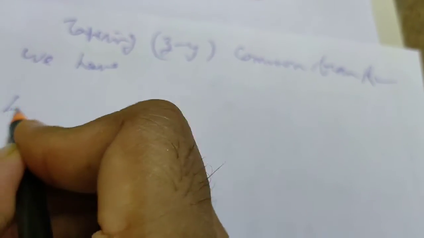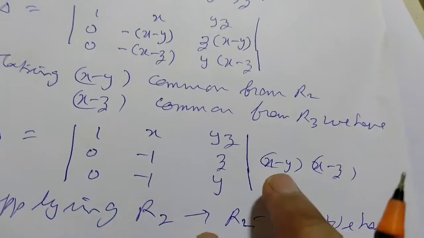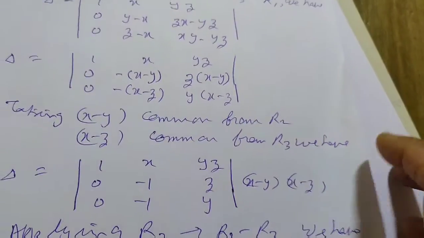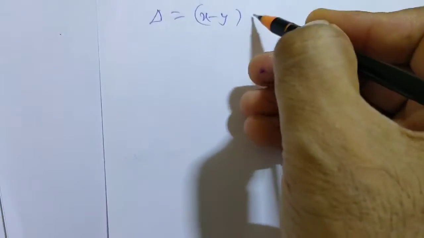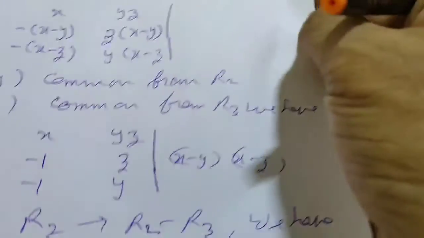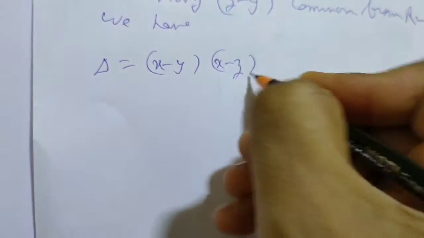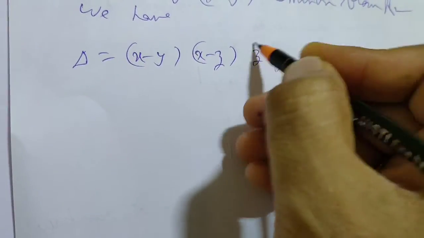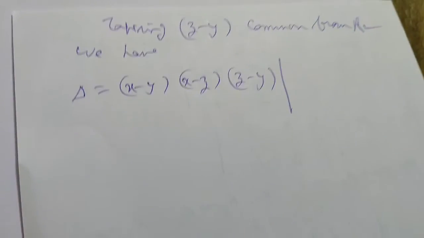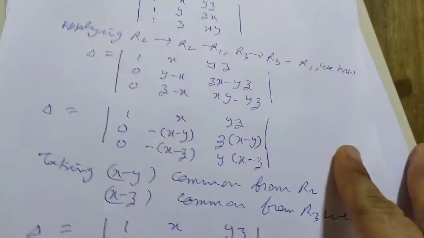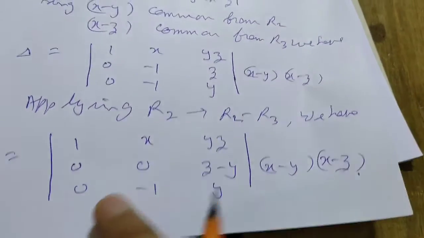So what we are having, delta equal to, here already we have x minus y, x minus z out of the determinant. So x minus y into x minus z, multiplied by z minus y. And now remaining determinant will be this one.